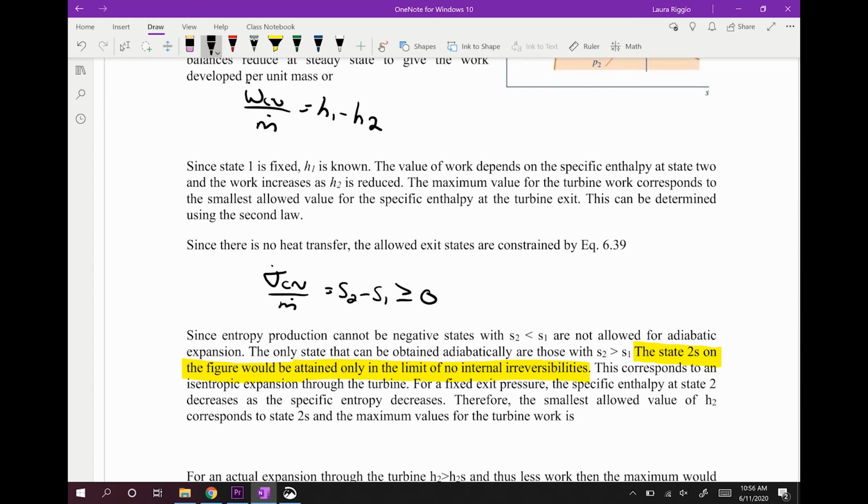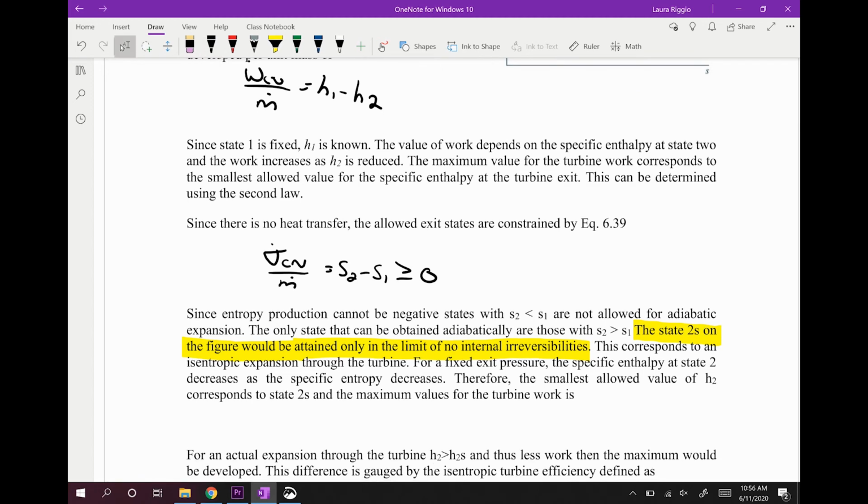State 2s on our figure can be obtained only if there are no internal irreversibilities, so this is going to be our isentropic expansion. This is our state 2s. For a fixed exit pressure, the specific enthalpy at state 2 decreases as the specific entropy decreases.